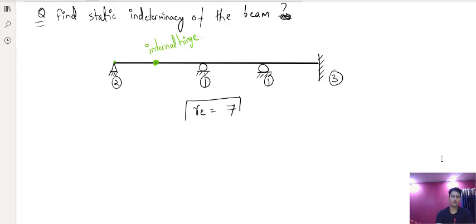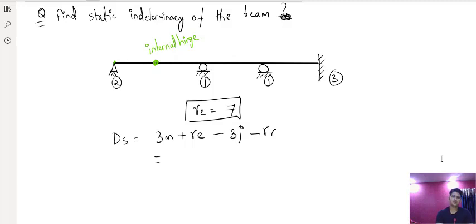So the number of external reactions is 7. What is the value of ds? The formula for a rigid frame is 3 times m plus Re minus 3j, minus Rr.